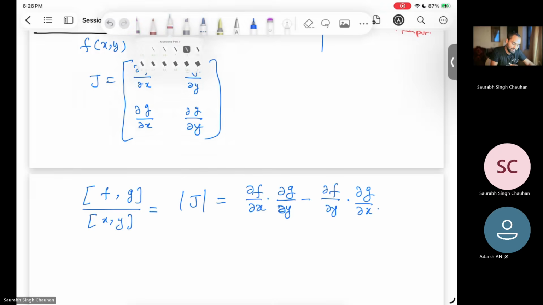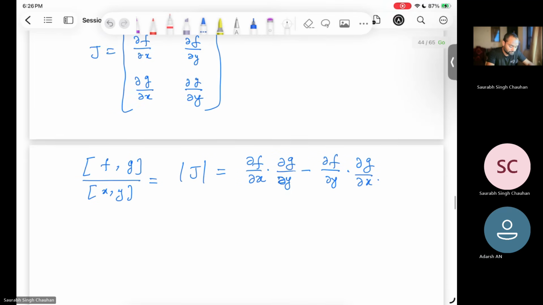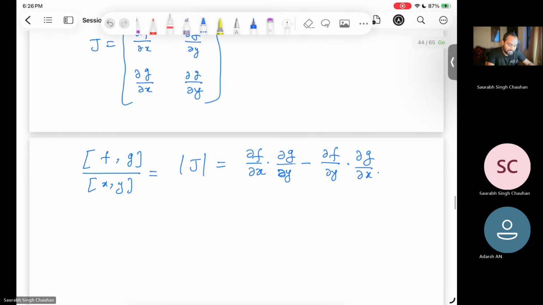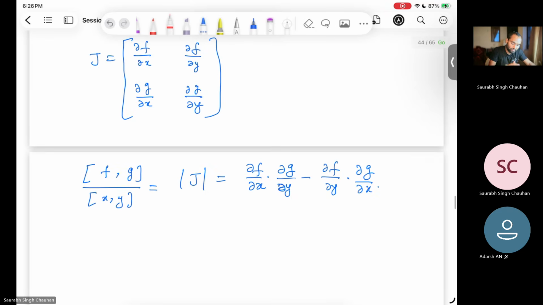If there is any problem, we can slow down a little bit. Very clear, sir. That's very clear. You said that you are comfortable with these partial derivatives, so I hope that if I use some shorthand notation, you should be able to comprehend it yourself.